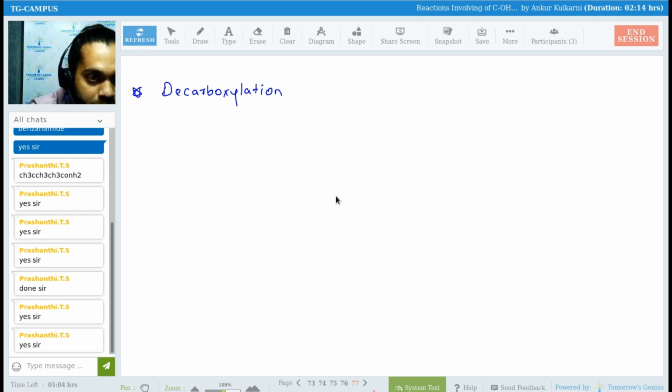So now what is decarboxylation? See, decarboxylation means removal of carbon dioxide. Have you heard about soda lime? I am not talking about the lime soda that you get in the markets, in the hotels. I am not talking about that.